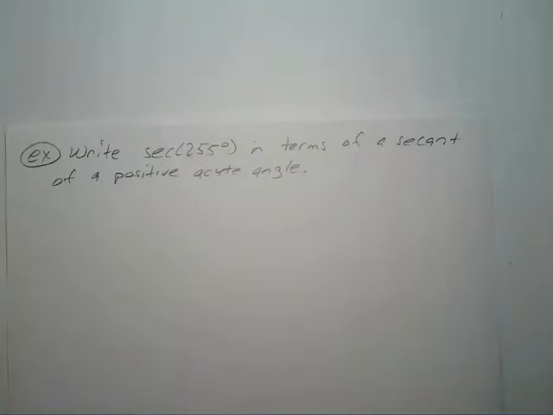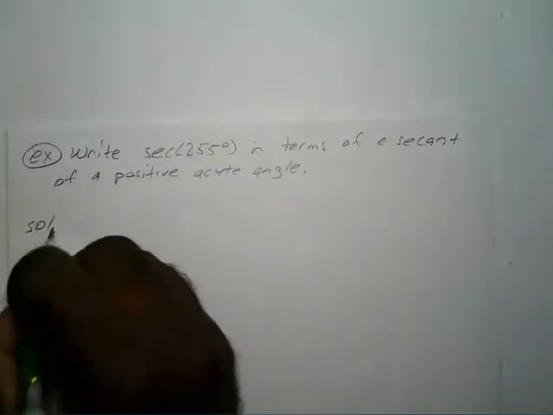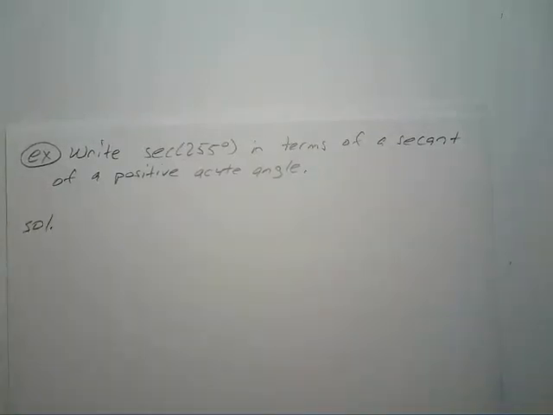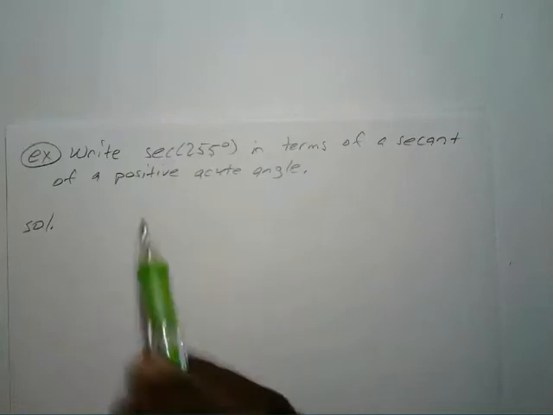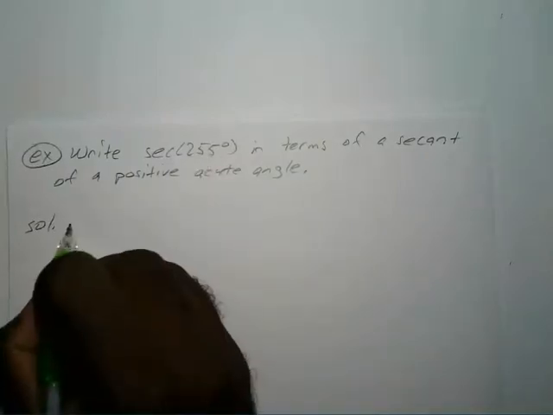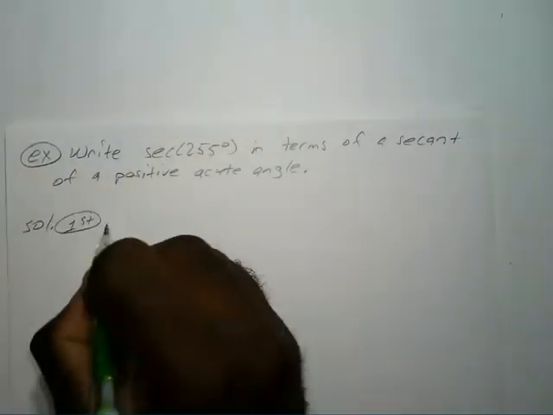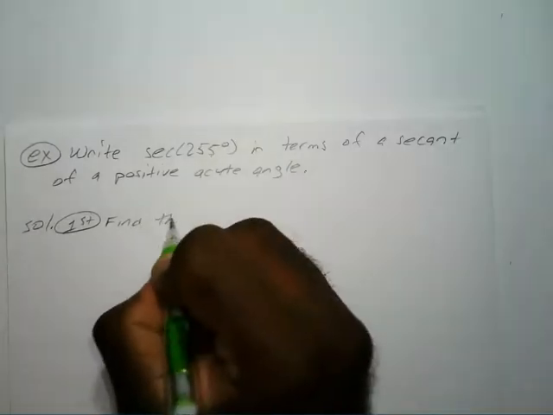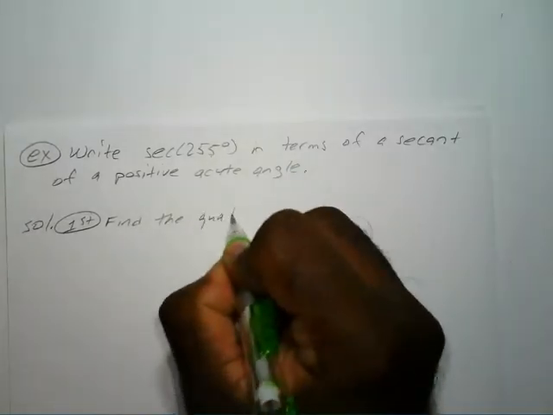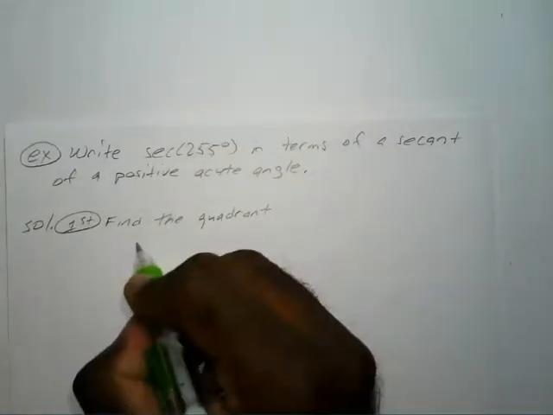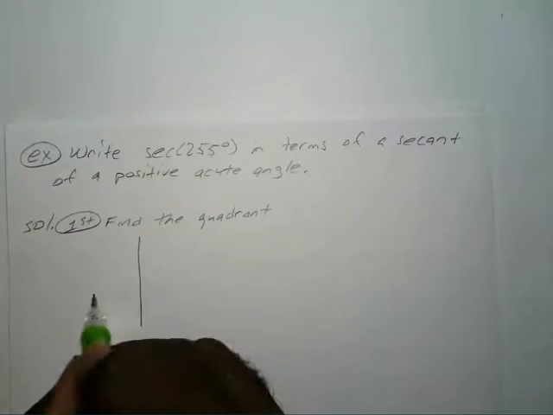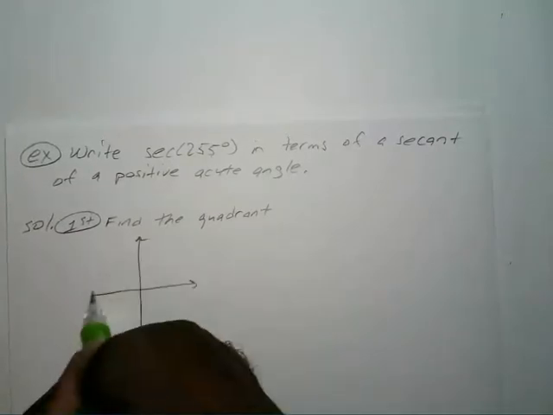So what do we do first? We need to find the quadrant first before we can do anything else. To do that, we draw our quick little XY axis.